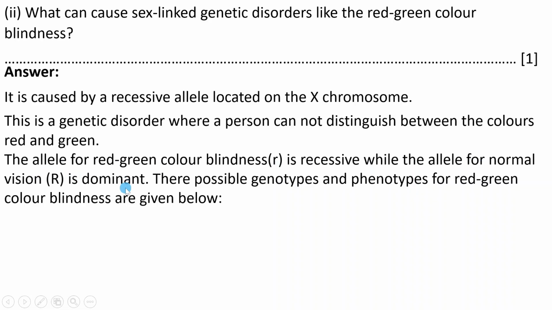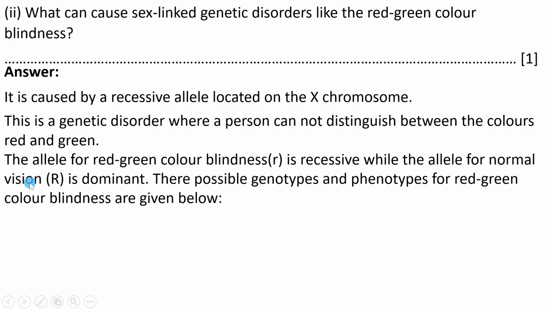These alleles are there in human beings. Everyone has them, but if you are able to see properly, it means you are carrying the allele which is dominant in you. That's why you can see green, you can see red, you can differentiate them.